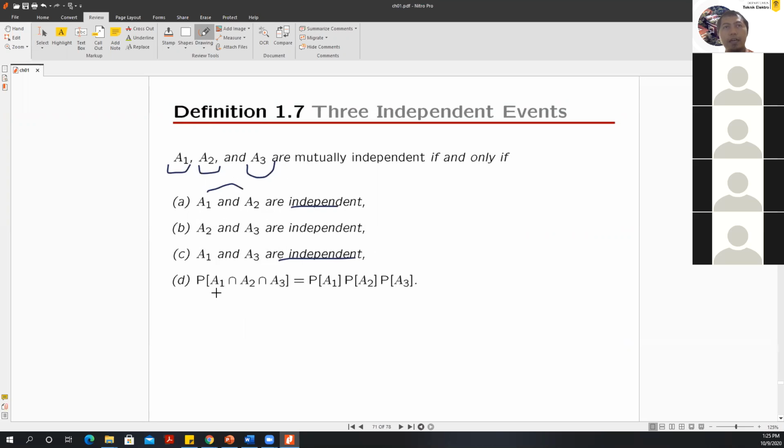So that we can say the intersection of A1, A2 and A3 becomes the multiplication of their marginal probabilities: P(A1), P(A2), and P(A3). Hopefully it's clear.